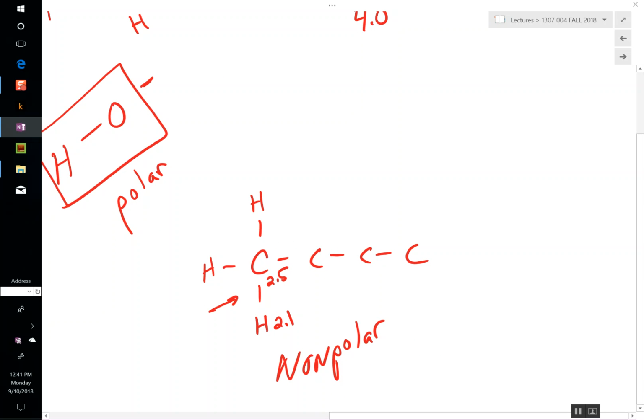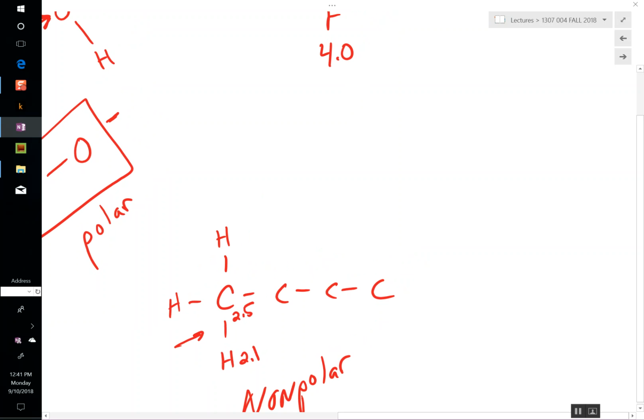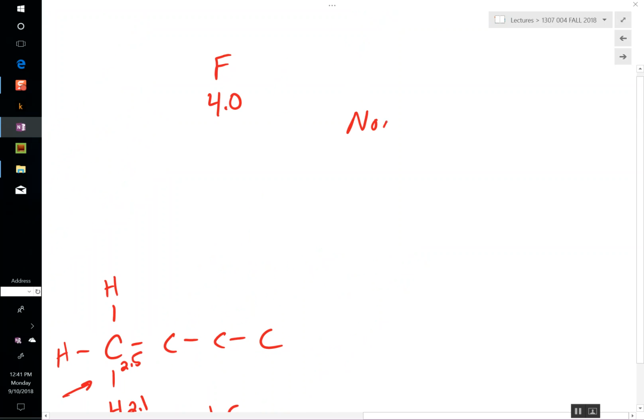It is not only non-polar, it is not soluble in water. So these are alkanes, they are non-polar, and they are not soluble in water.